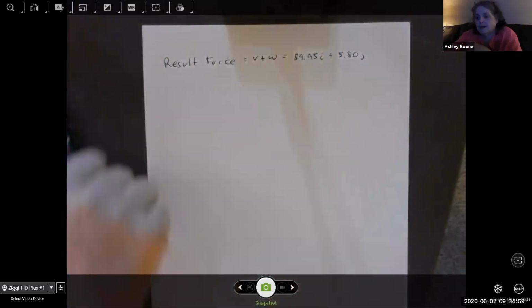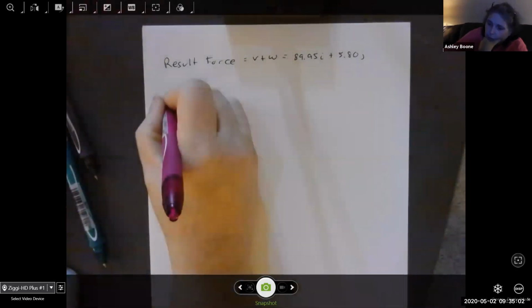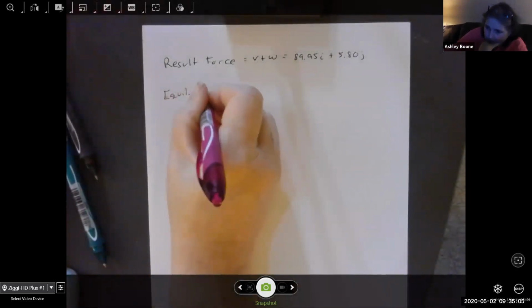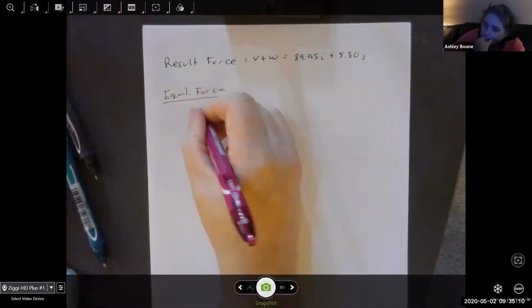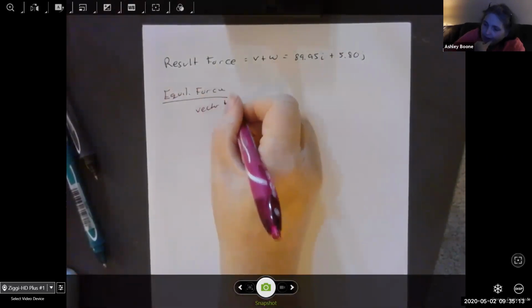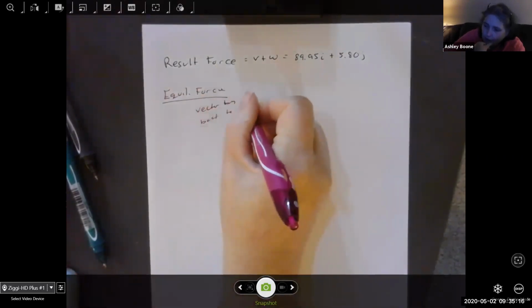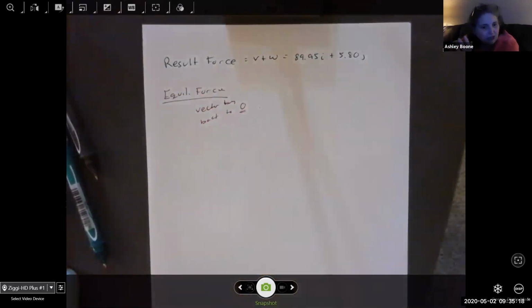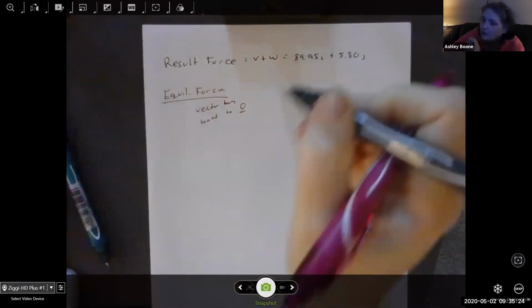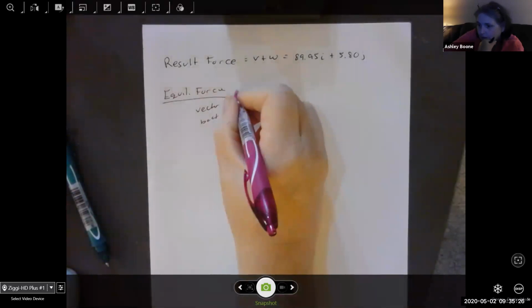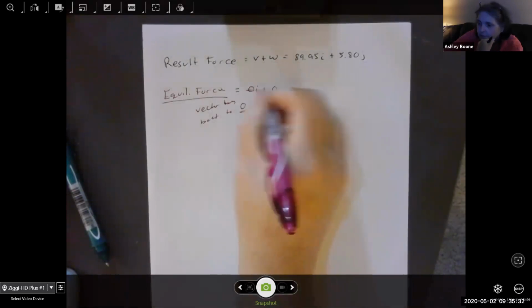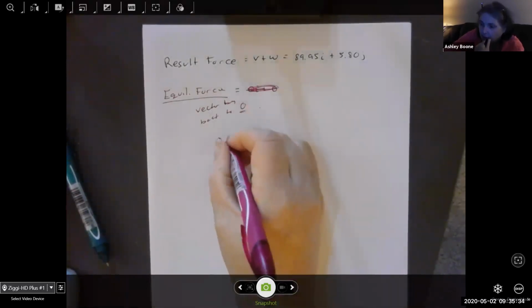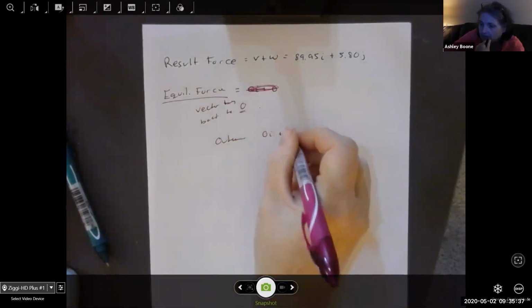The equilibrium force, what we're calling the equilibrium force, is going to be also a vector that will bring it back to 0. It'll bring it back to center. It'll bring that balance back. So what do you have to do? Since we want a 0, we want our outcome to be 0i plus 0j.